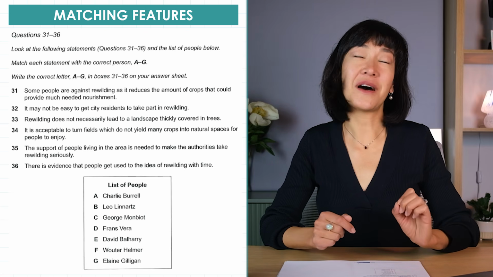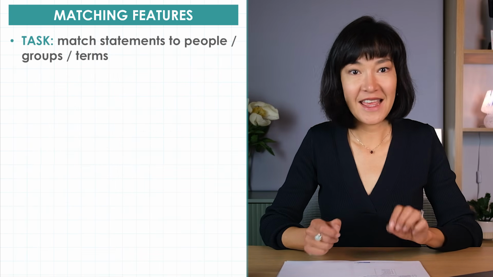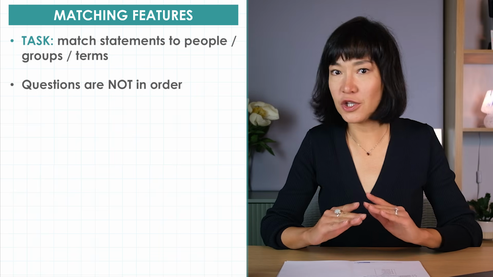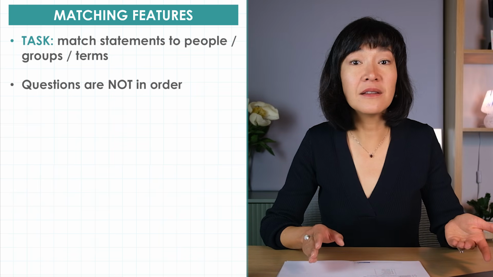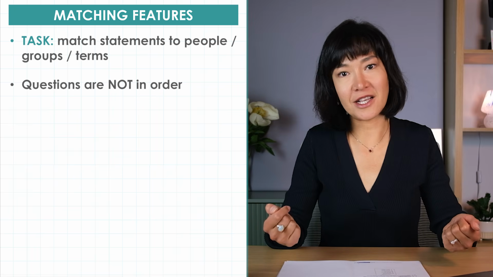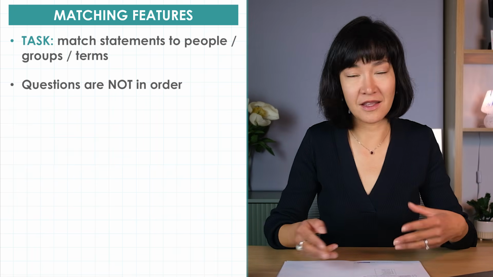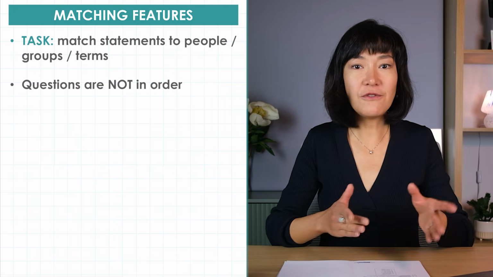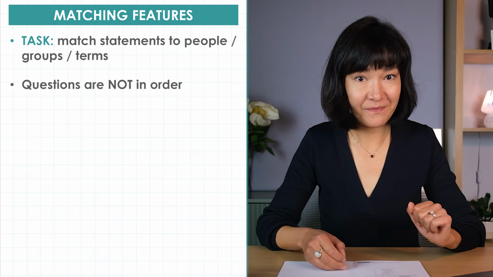And there is one really important thing to know about matching features. The questions are not in order. The answer to question 31 might come at the end of the passage, and the answer to question 36 might be near the start. So if you try to work through them one by one, you waste a lot of time.